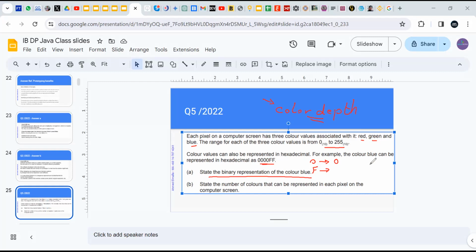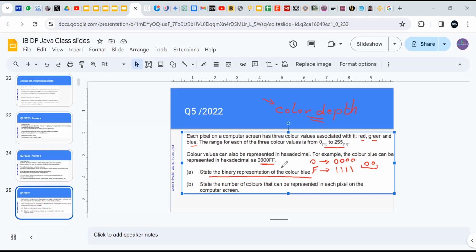Each digit in hexadecimal represents what? A nibble, four bits. So it means that there are four zeros. Am I right? Yes. And each F corresponds to 1111.